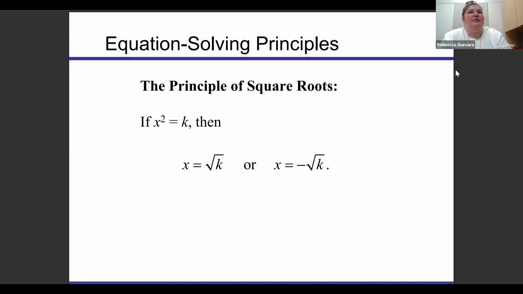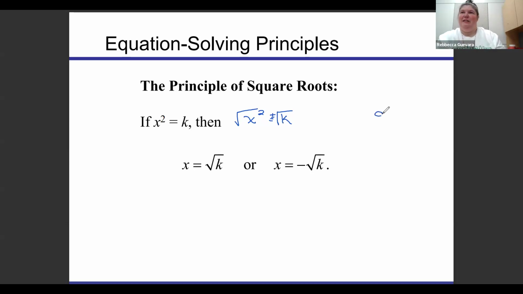We also have the principle of square roots, which is really just telling me that if I have x squared equals k, then when you take a square root, you're going to have a positive root and a negative root.